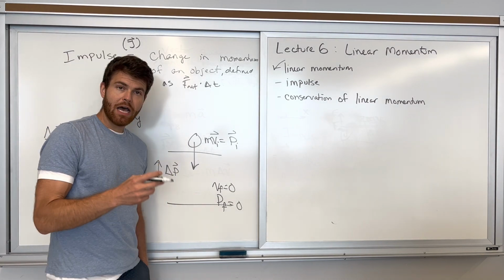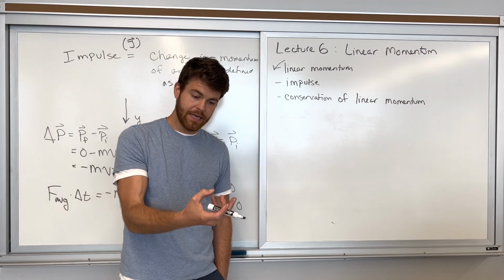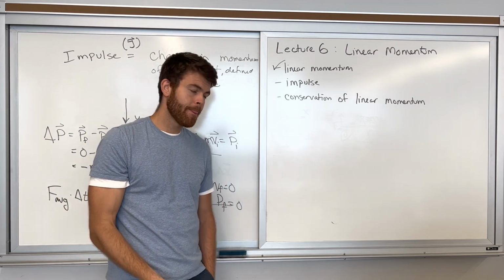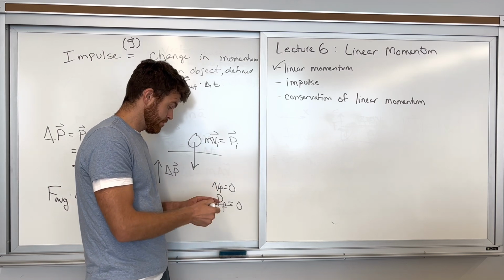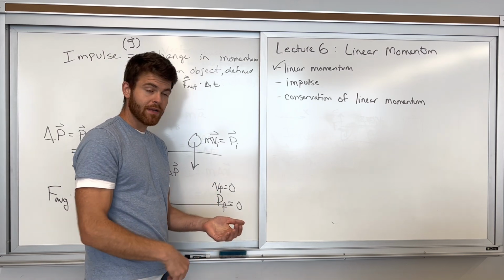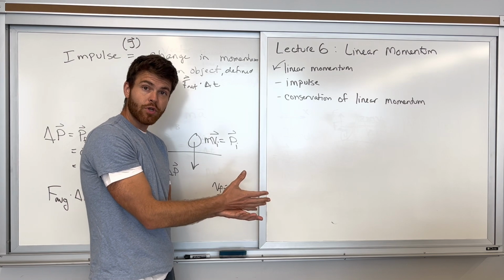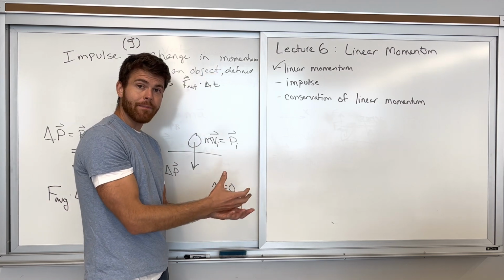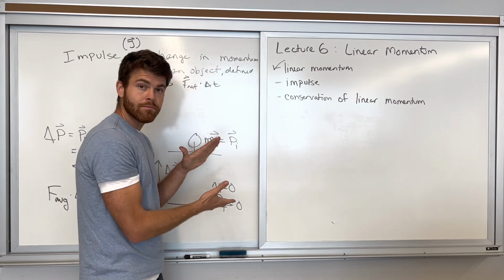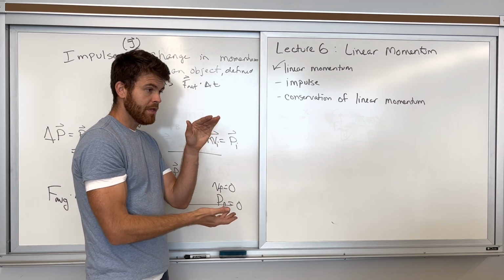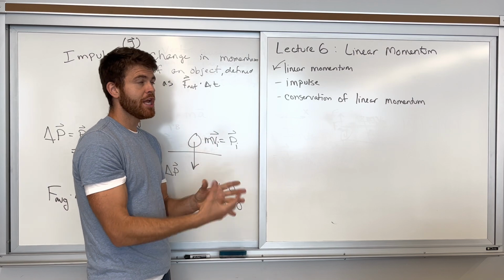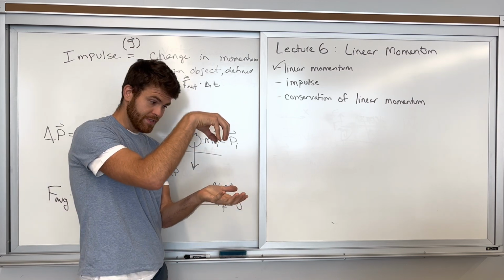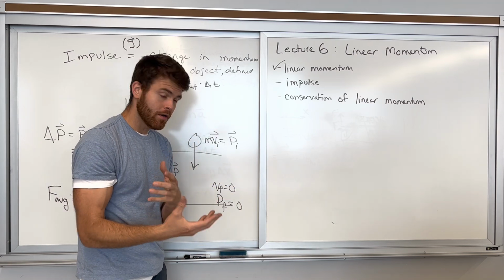The question is how long does it take for that egg's momentum to change? Does the egg slow down gradually, or does it come to a stop suddenly? It comes to a stop suddenly. So the time interval in which the egg's momentum changes as it comes to rest once it hits the ground is very small.